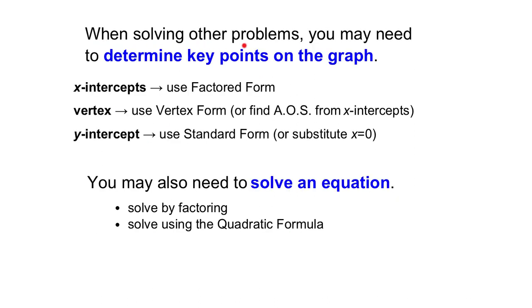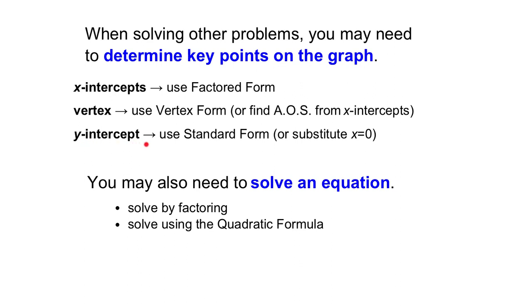Now, when solving other problems, you may need to determine key points on the graph. If you need to determine where the x-intercepts are, use the factored form. If you need to determine where the vertex is, use the vertex form. Or, I showed you earlier in a previous lesson how to find the vertex a different way. You find the axis of symmetry from the x-intercepts, and then you can use that to find the y-coordinate of your vertex.